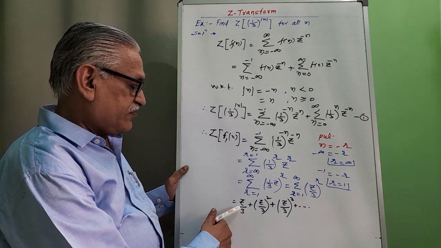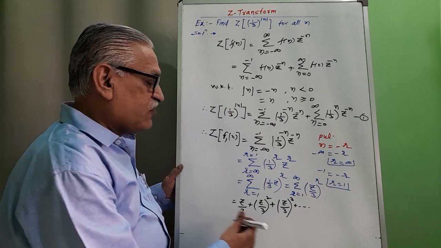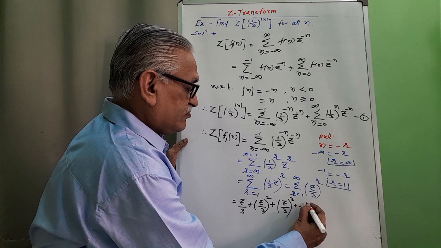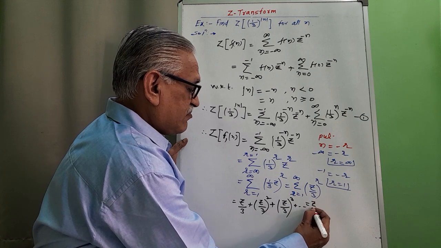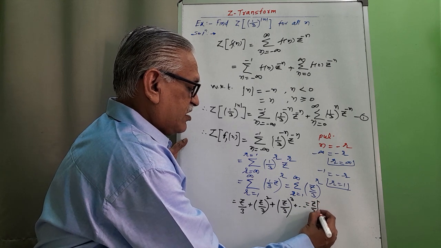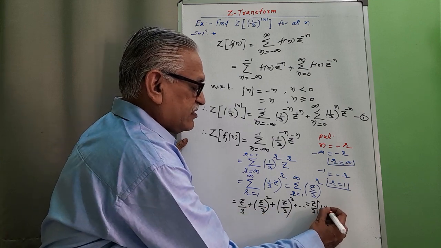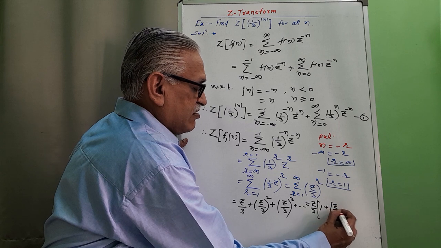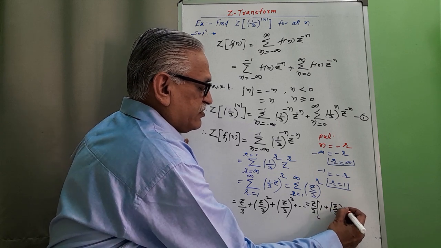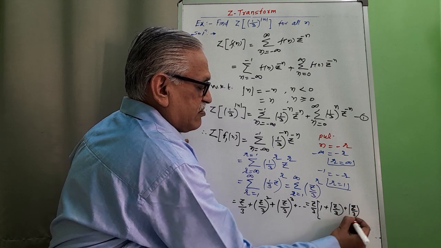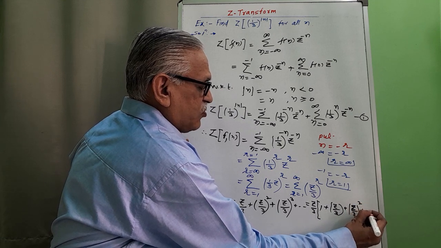Taking z by 3 common from all this, the remaining terms are 1, next one is z by 3, next one is (z/3) whole square, and so on.